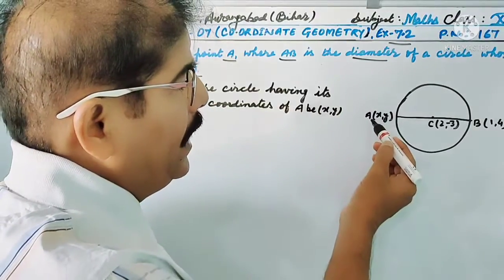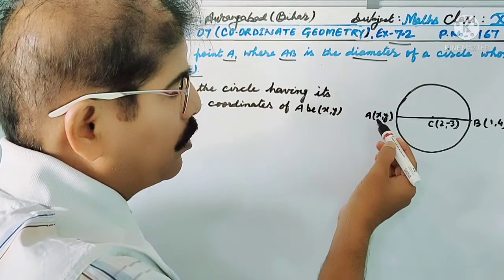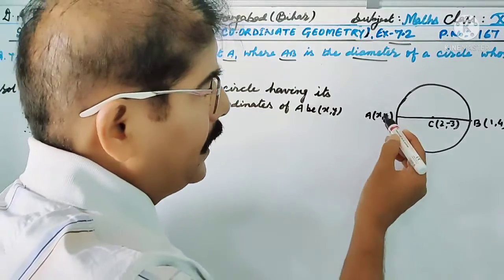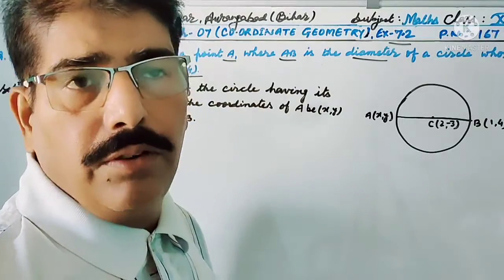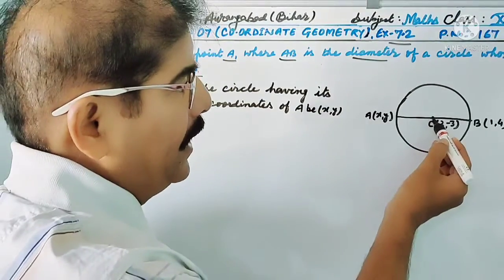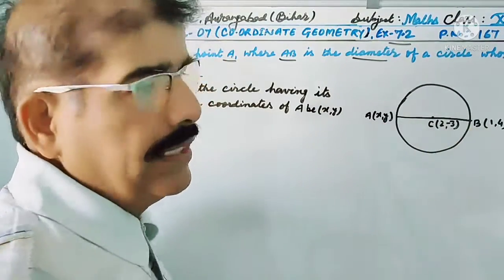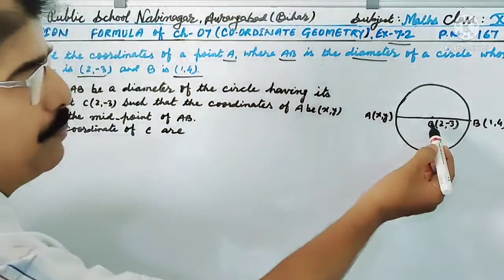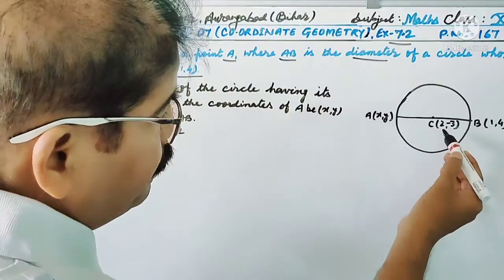Let the coordinates of A be (x, y) such that AB is a diameter. We know that the center divides the diameter in the ratio 1:1, so C is the midpoint of AB.